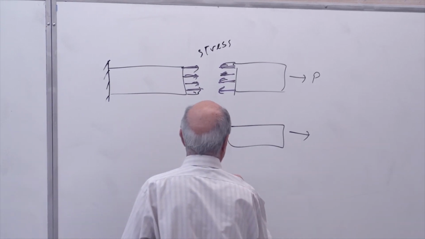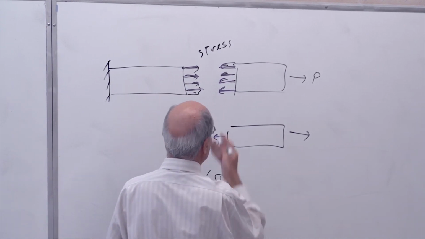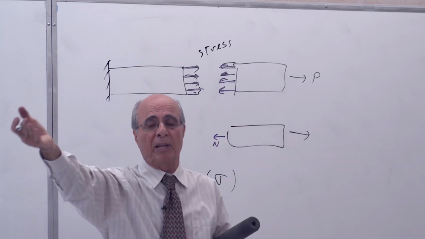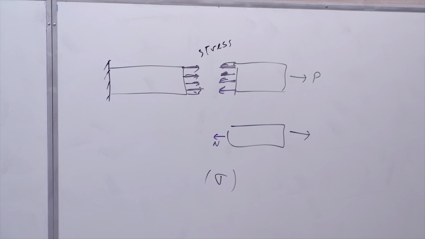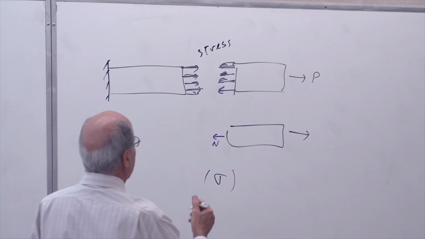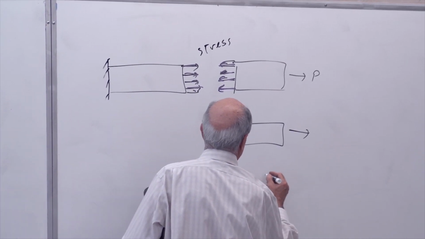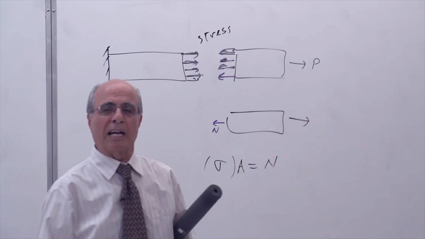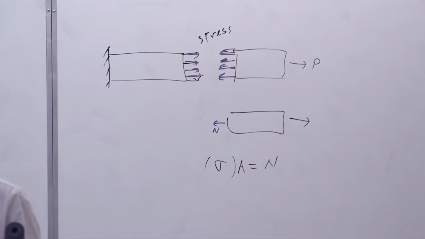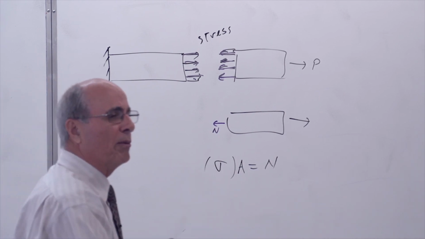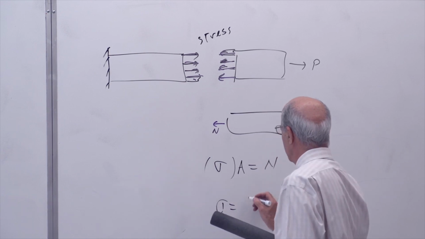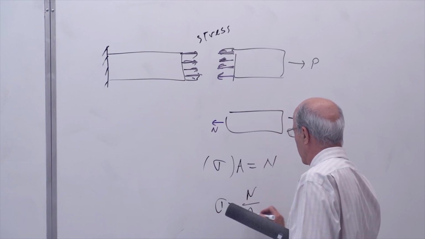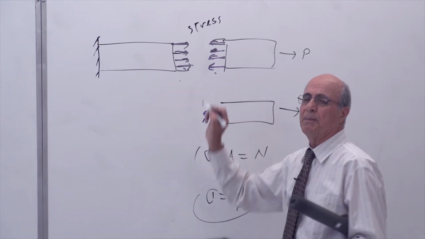Sigma is a unit like a pressure. That's why when I give you the pressure in the pipe, pressure is like sigma, yes or no? When you take the pressure and multiply that by area, that becomes your force. Actually, it's the other way around. Sigma times area becomes the force, then we calculate sigma to be force over area. Look how different the thing is. Everybody thinks of the sigma over this, but then they forget about that.